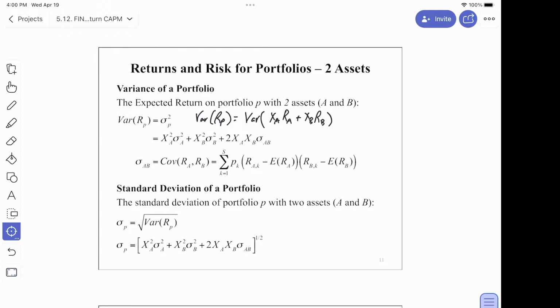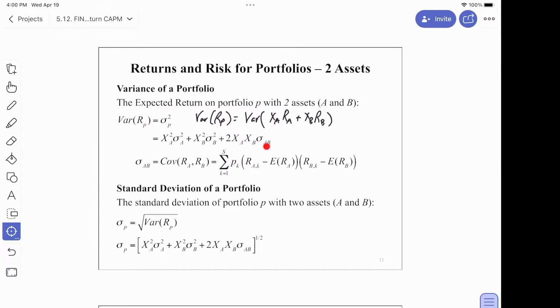If you go back and you remember what I discussed, or you go and watch the statistics videos, you understand that the variance formula is computed by squaring the deviations from the mean, right? So squaring them, taking the variance of R and pre-weighting it, that weight will also be squared, right? So I have this part, the weight squared times the variance of A squared plus the weight squared times the variance of B squared, but there's this extra term.